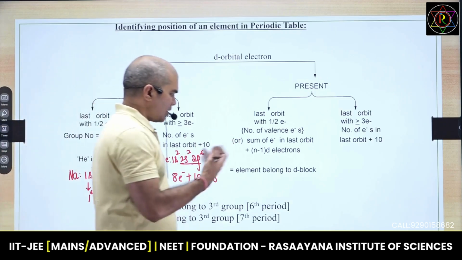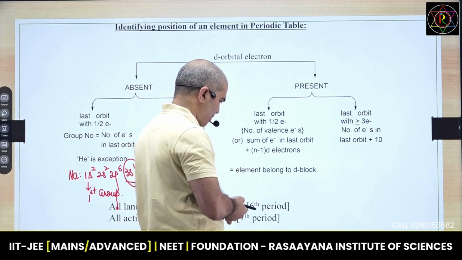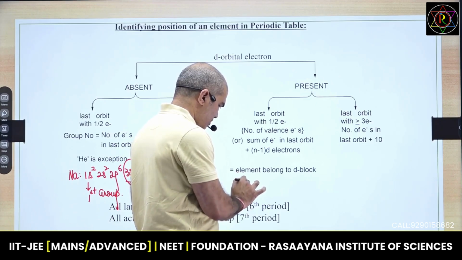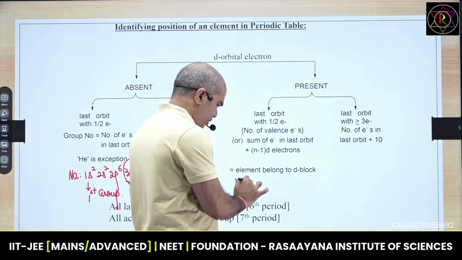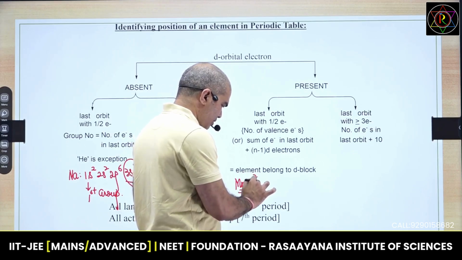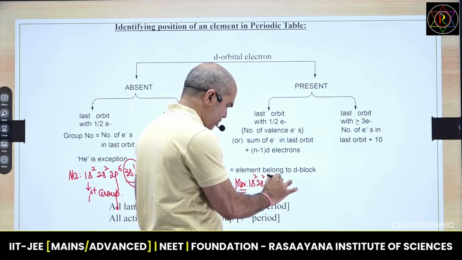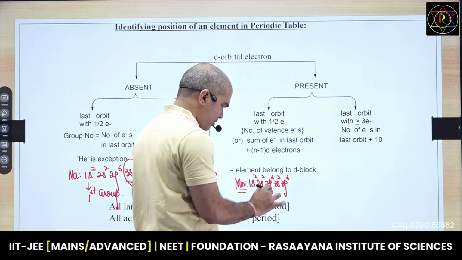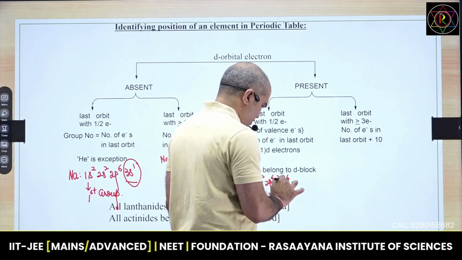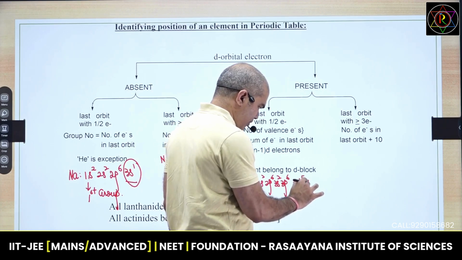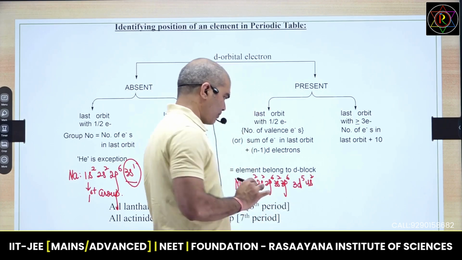For this, let me take an element, maybe manganese. For manganese, the electron configuration is 1s2, 2s2, 2p6, 3s2, 3p6, 3d5, 4s2.